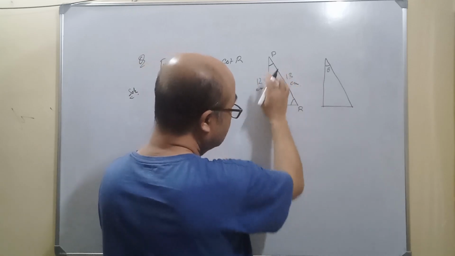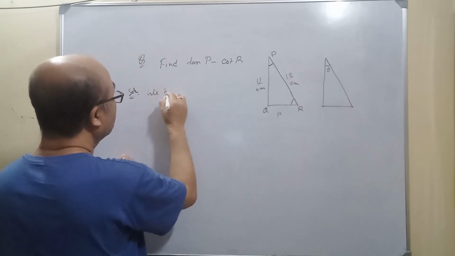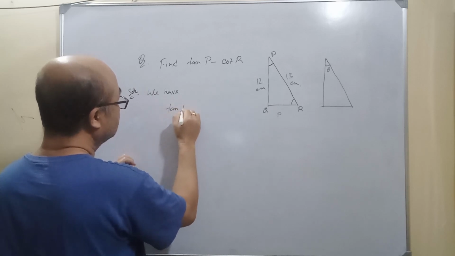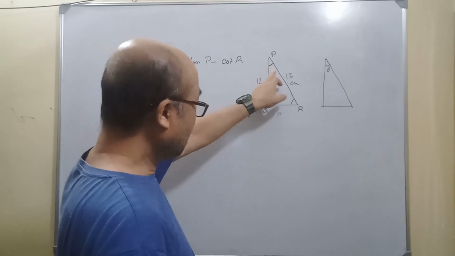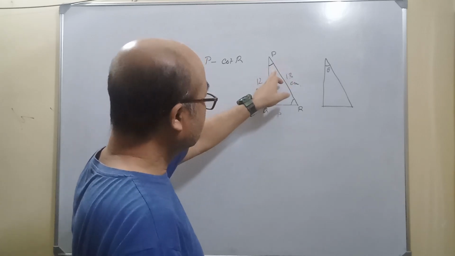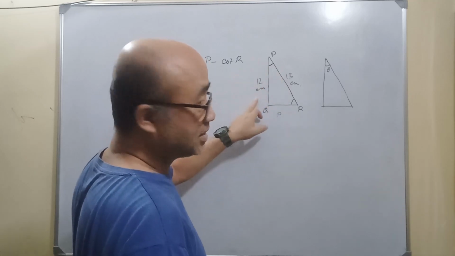So what is the tangent of P? What is tan P? The tangent of this angle is the opposite side by the adjacent side.